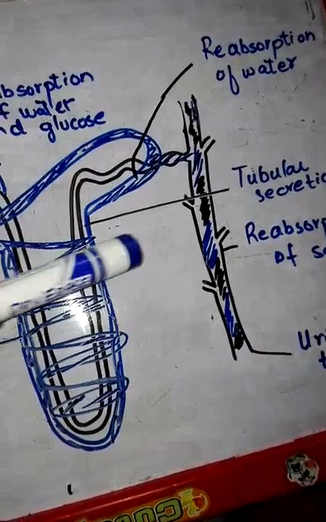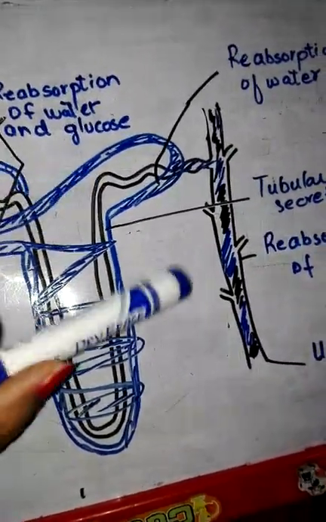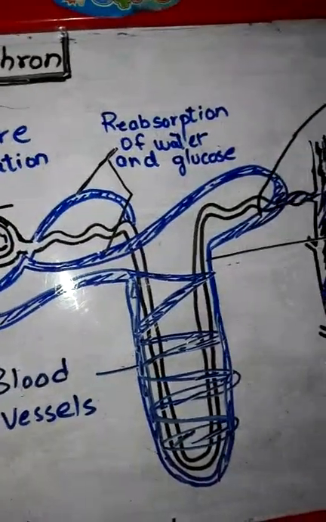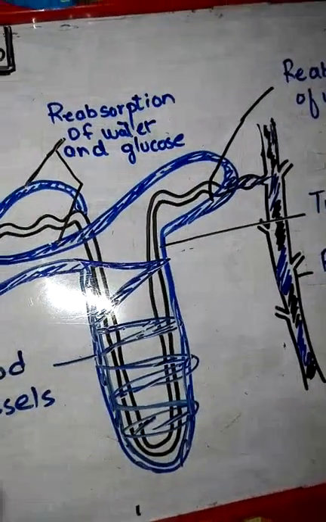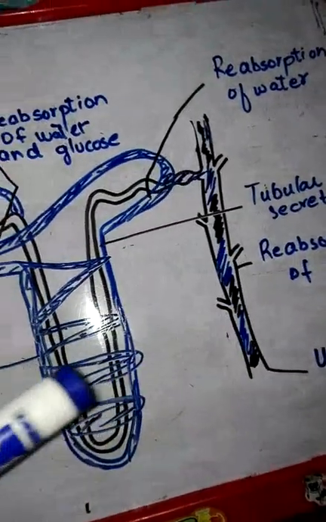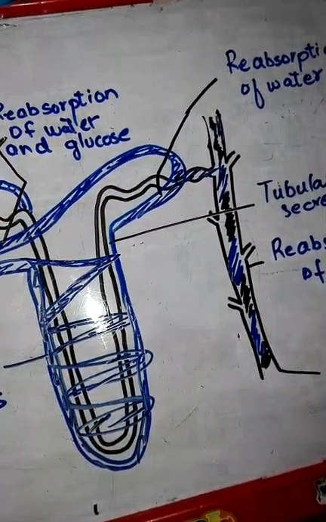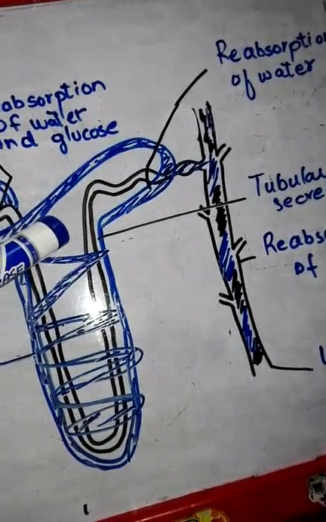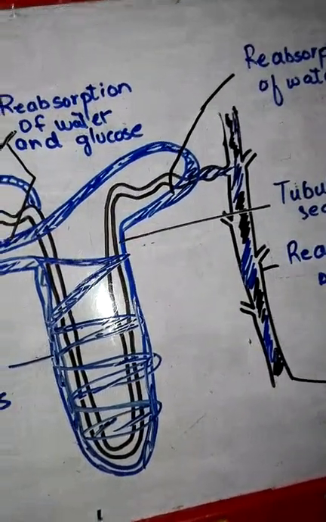Remember that tubular secretion takes place here. So these are the three functions of kidney. Pressure filtration takes place here, reabsorption takes place in the loop of Henle, ascending and descending limb, and in the third part, tubular secretion, ions, creatinine and urea are secreted from blood into the tubules. Alright guys.